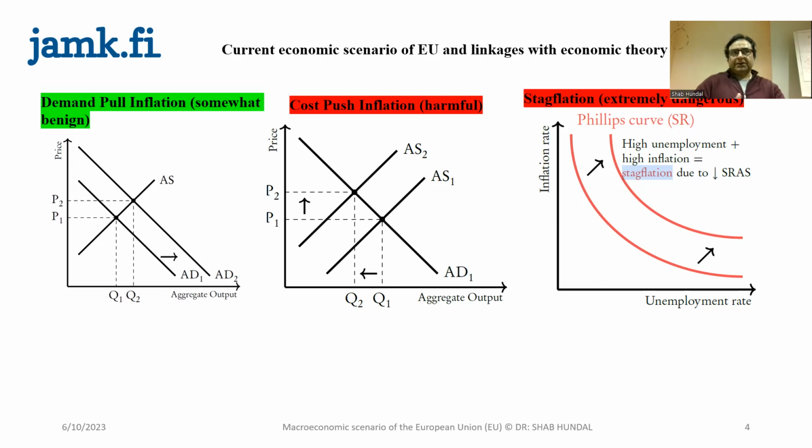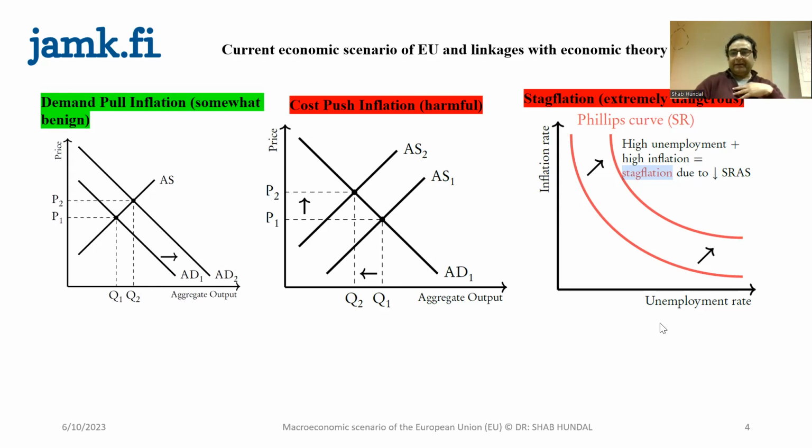In other words, if the country has more inflation, then it would have lesser unemployment, or if it wants to reduce the inflation, then it should be prepared to accept a higher percentage of unemployment. But the problem with stagflation is that you have the worst of both worlds. You have inflation, and there is also the existence of unemployment. So stagflation is a very diabolical situation when you have inflation and unemployment coexisting.